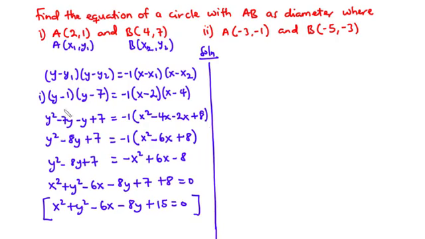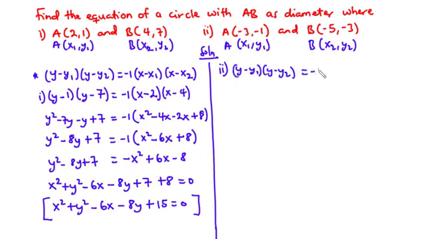Now let's solve for II. Also, we have this to be x1, y1, and then point B to be x2, y2. So using this same equation, that is y minus y1, y minus y2 equals negative 1, x minus x1, x minus x2.